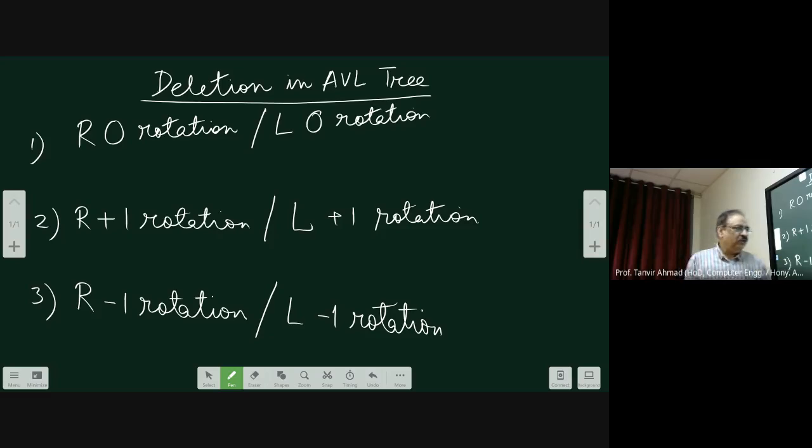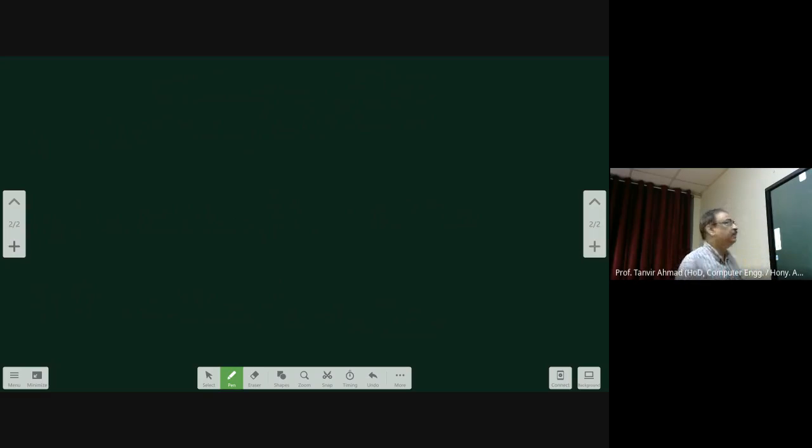Now, we'll try to discuss these cases. You have to understand it very well, because this is a little trickier than what we have done as far as insertion is concerned. Now let us try to do the first rotation, the R0. You have to understand where I am going to apply the R0 rotation.